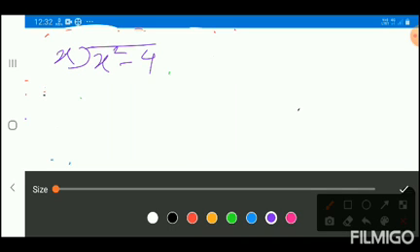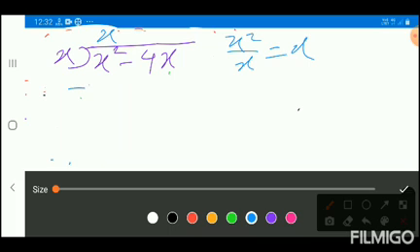Now look here, x square upon x. These steps also you have studied in 8th standard. So here I have to write the quotient x, subtraction will be there, x square, it will cancel, 0.